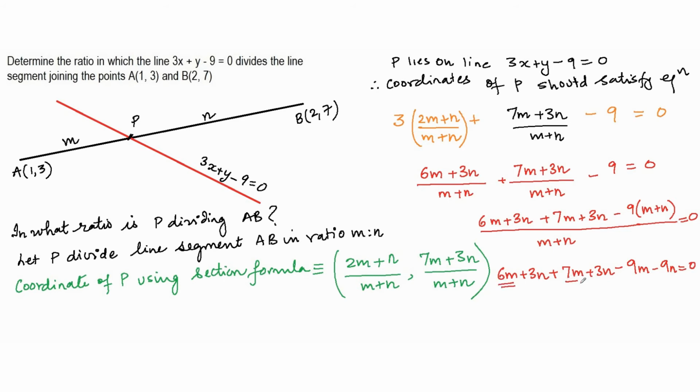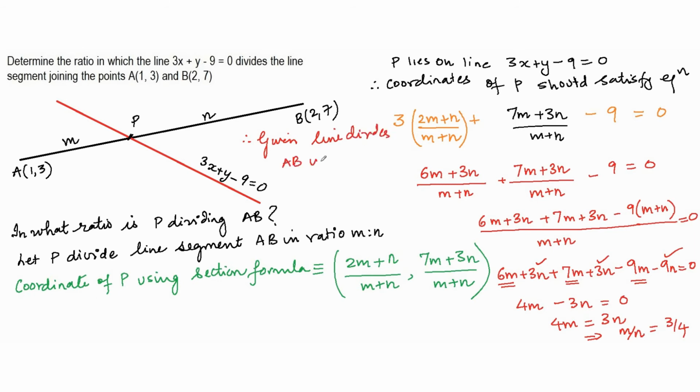So 6m plus 7m is 13m, 13m minus 9m is 4m, 3n plus 3n is 6n, 6n minus 9n is minus 3n, equal to 0, which means 4m is equal to 3n, and this implies m upon n is 3 upon 4. So therefore, the given line divides the line segment AB in the ratio 3:4.